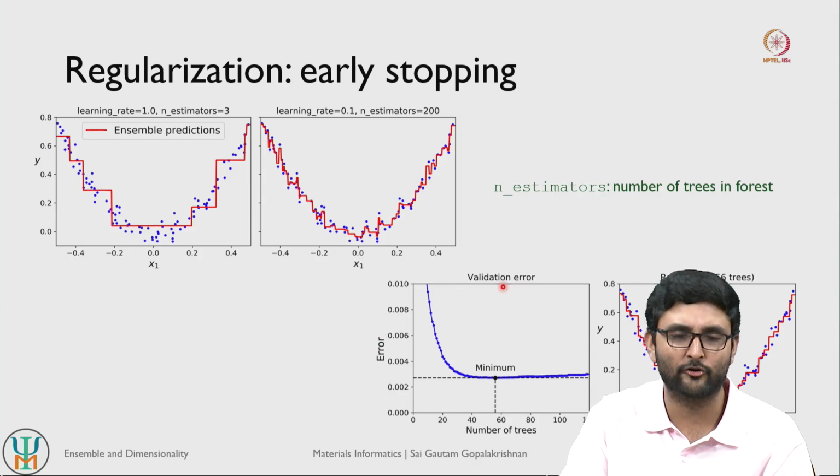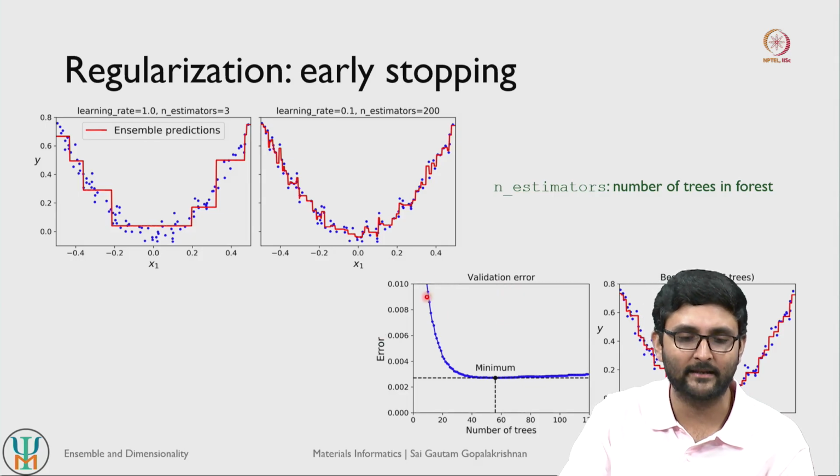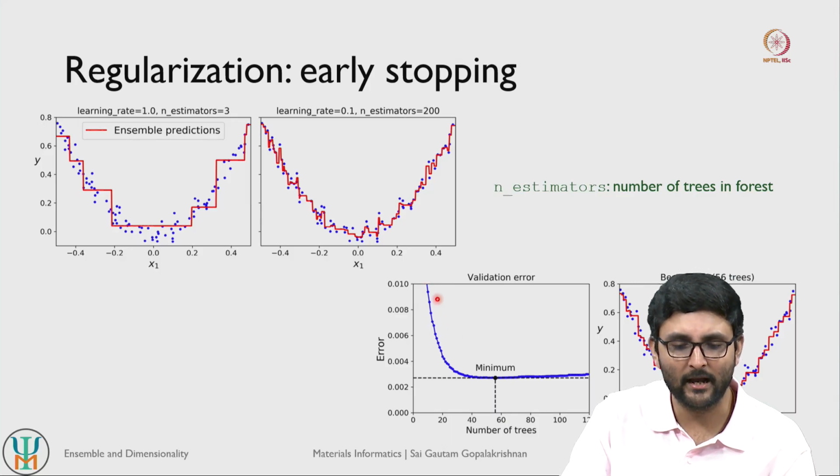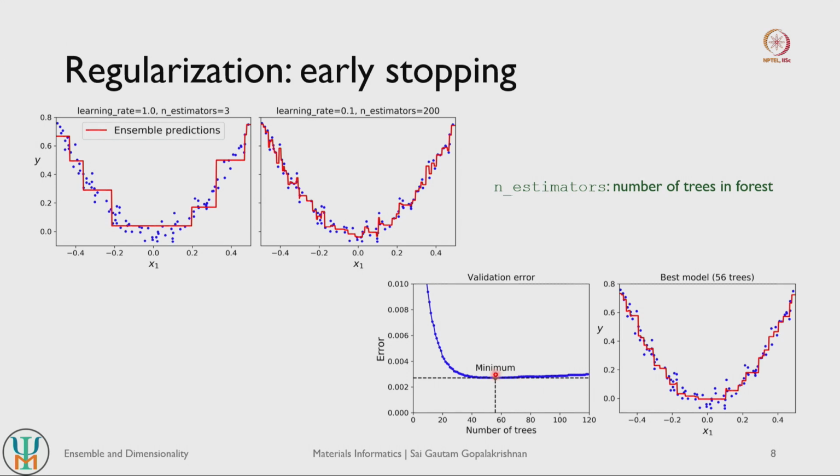In general you should use validation sets for tracking these errors. If you use validation errors as a function of the number of trees, you can identify at what point you reach the minimum validation error, and that gives you your early stopping criterion, or the most optimal number of estimators or trees.